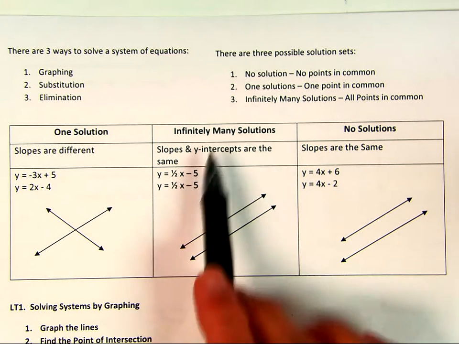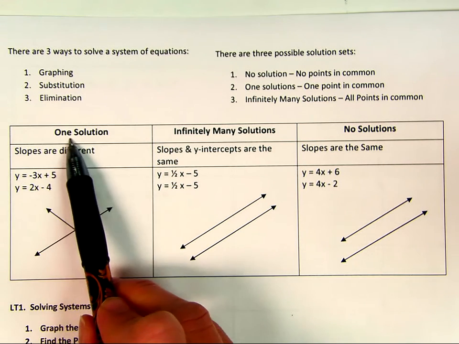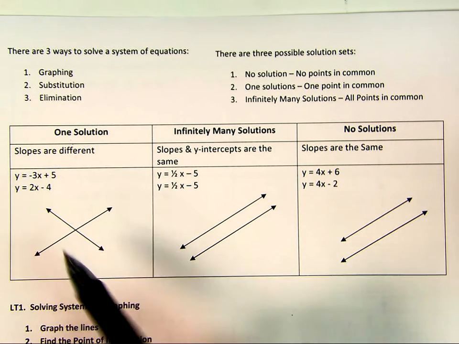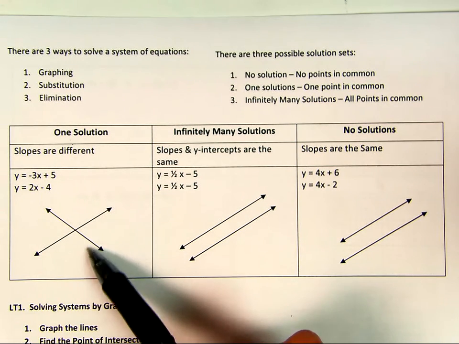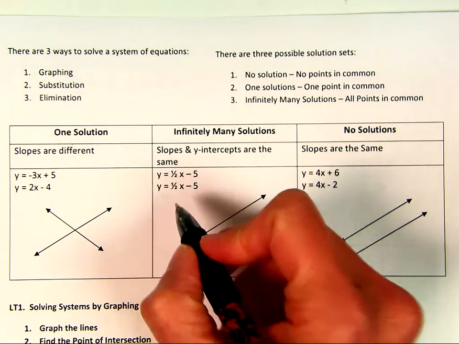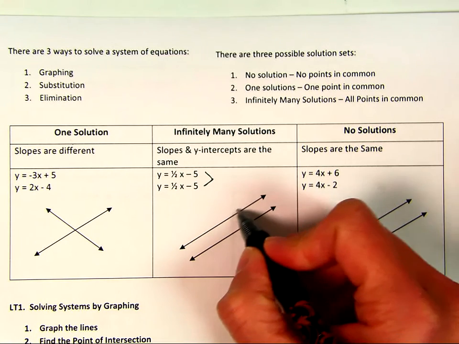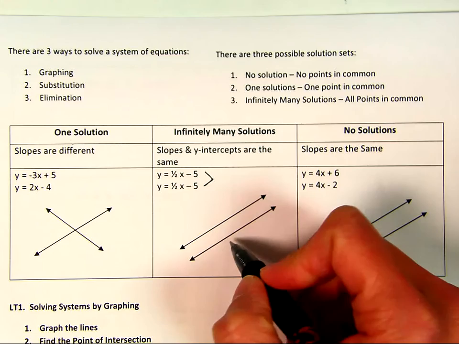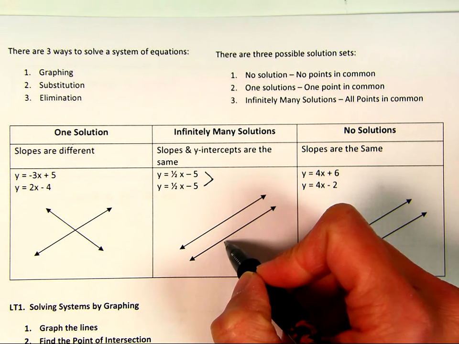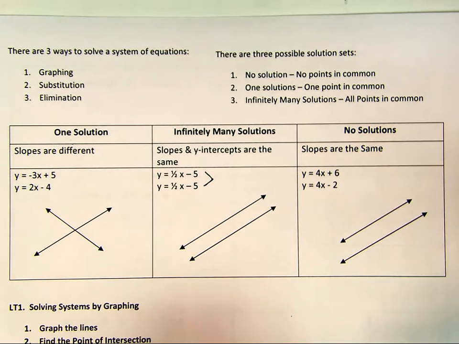There are three options: no solution, one solution, or infinitely many solutions, and this is why. Here's a little graphic. If you have one solution, that means the slopes are different and the lines intersect. I wanted you to see that there are two different lines, but notice these lines are exactly the same. That means they would be on top of each other and you wouldn't even notice that the other one was there. So they would intersect at every point, an infinite number of points.